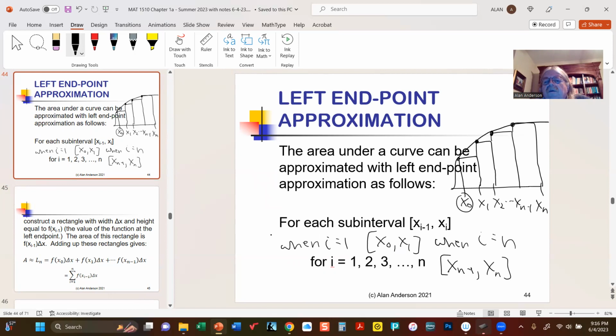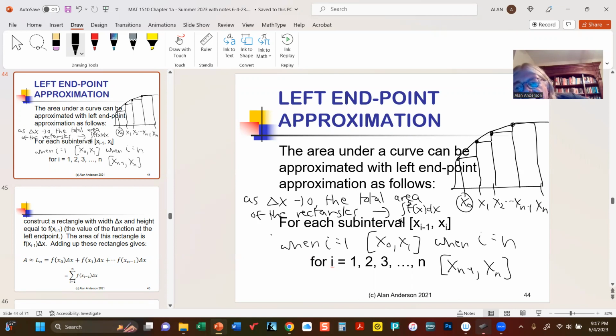So the sum of these rectangles will approximately equal the area under this curve. And as we shrink the gap between the rectangles, in other words, as delta x converges to 0, the total area of the rectangles converges to the integral between a and b.